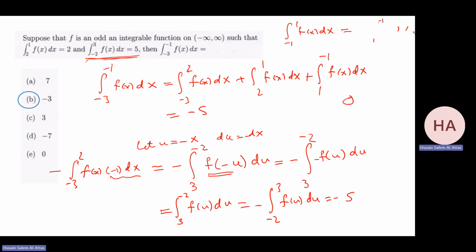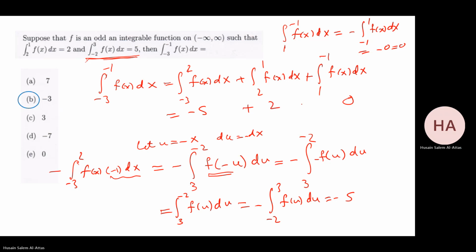Let me do it that way: the integral from 1 to minus 1 of f of x dx will be minus the integral from minus 1 to 1 of f of x dx. This will be minus 0, which is 0. This one is 2. So the answer is minus 3.